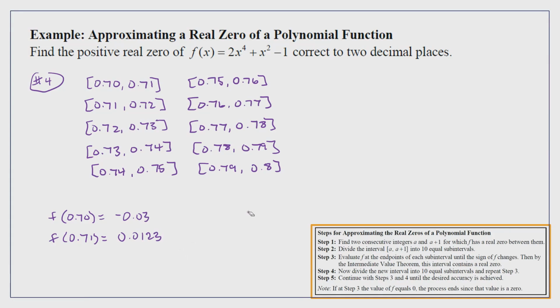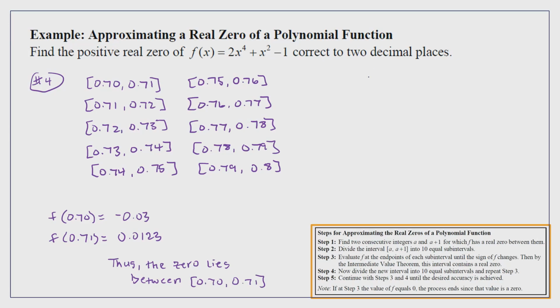That way you don't have to list out all of the endpoints, but if your problem does request that, then you'll know how to get it. Okay. So the 0 lies between 0.70 and 0.71. All right.